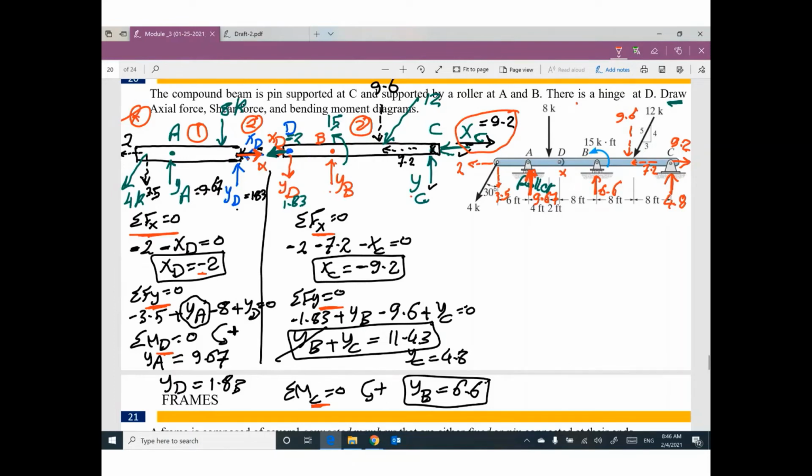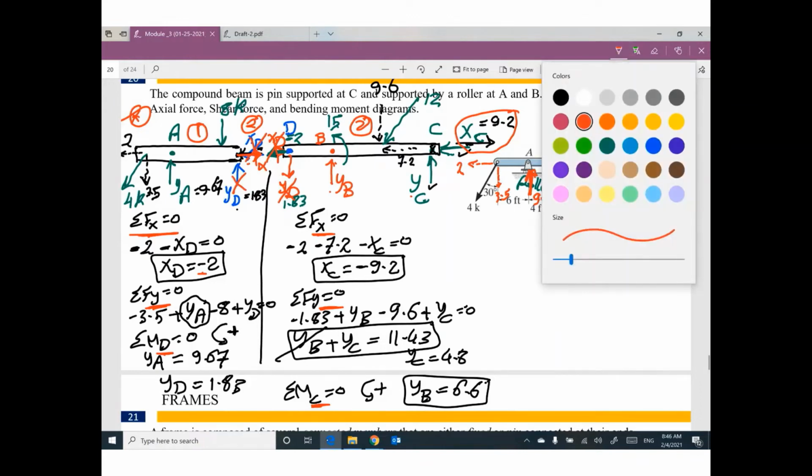So if you decide to start to draw, please go back to the original problem and forget what you did at D. We have XD and YD on this one and this one. Actually, both of them will cancel each other if you go back to the original problem.